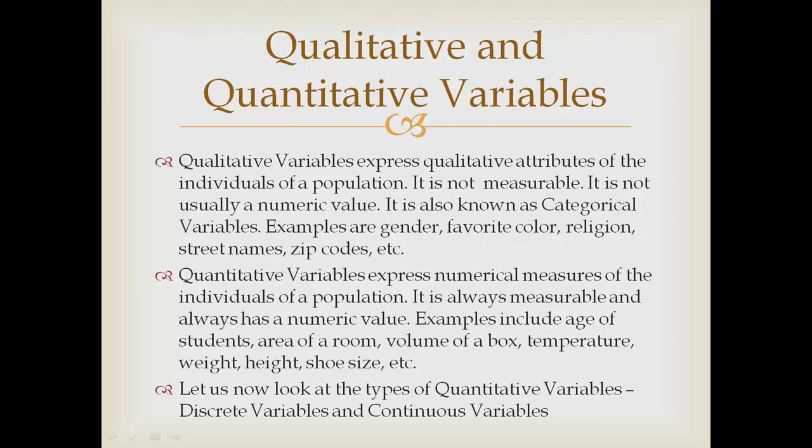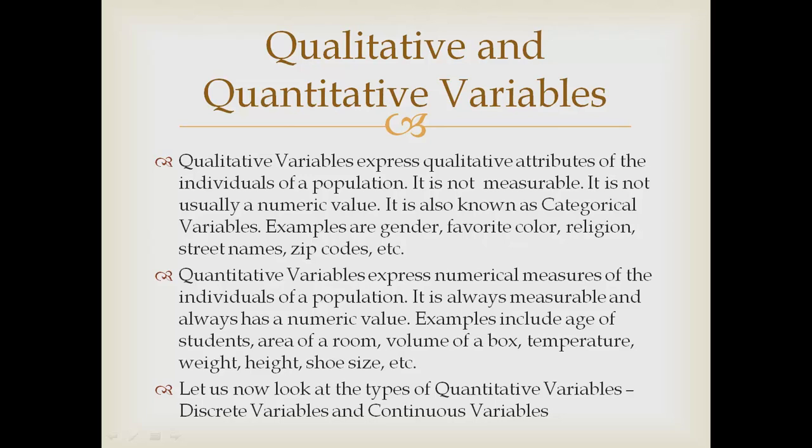Examples are gender, like male, female, favorite color. My favorite color is red. Then green, blue, and the rest of them. Religion: Christianity, Islam, Judaism. Street names, then zip codes. I know some other countries may not have zip codes that are entirely numeric, but the United States zip code, a 5-digit zip code or 9-digit zip code, is numeric.